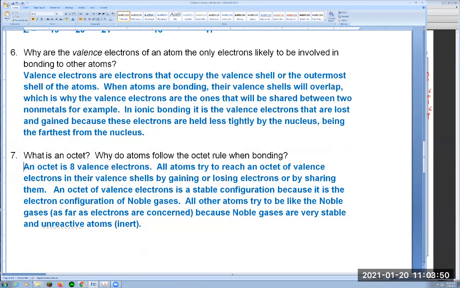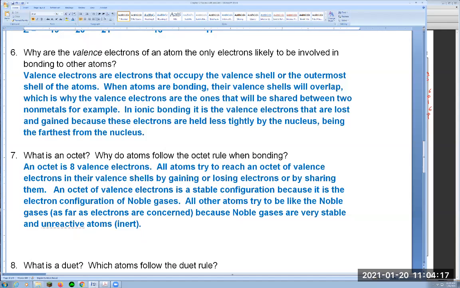It's only about electrons. Because noble gases are very stable, very unreactive atoms. And in chemistry, we say that they are inert. It's the term to say that they are very stable, they will not react, and so they can just be there on their own and be happy. And so everybody wants to be like them. So that's why we have this octet rule.